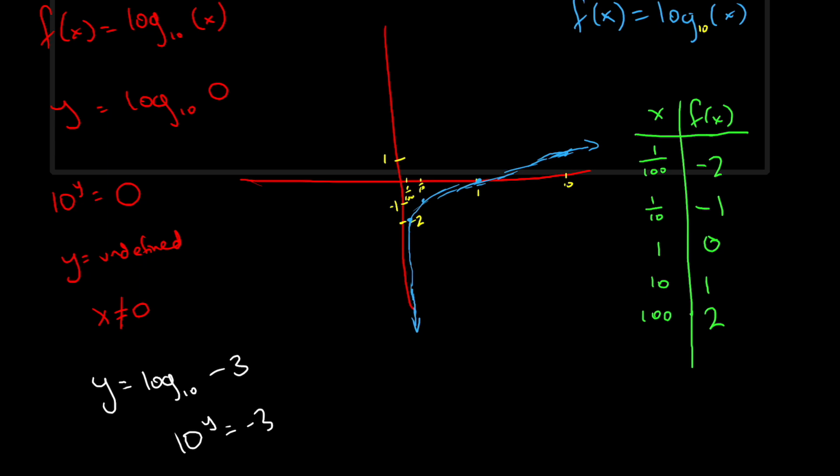Now, there are also logarithmic identities. First one is the addition identity. If we have log base x of y plus log base x of z, this is equal to log base x of yz.